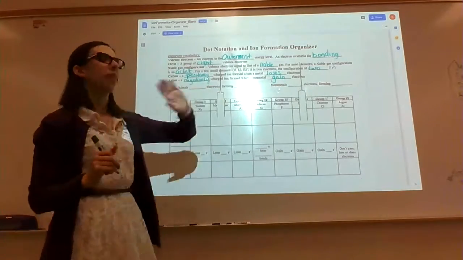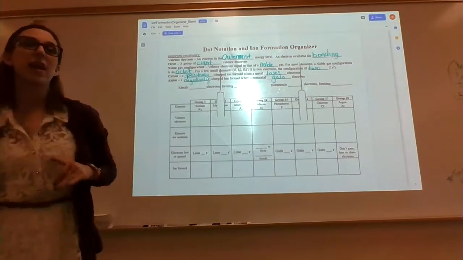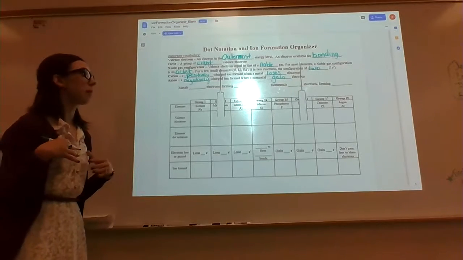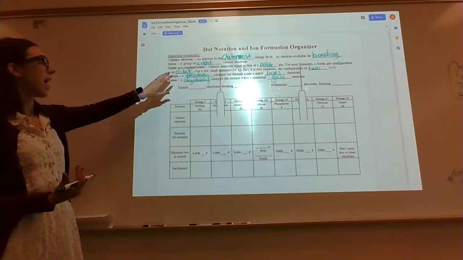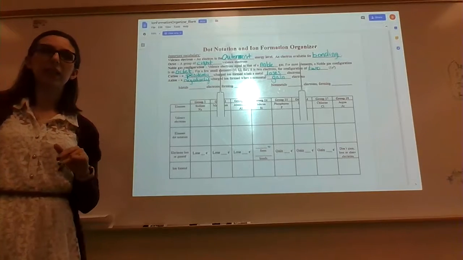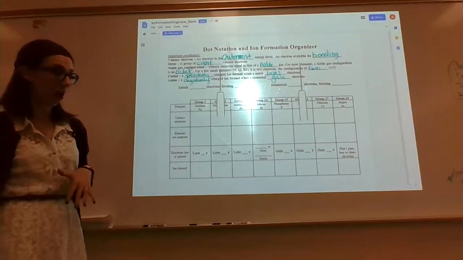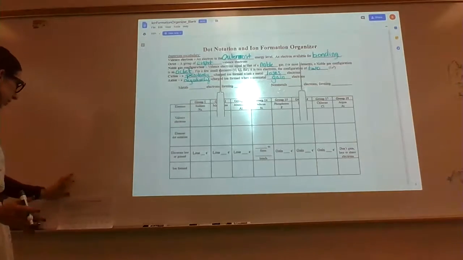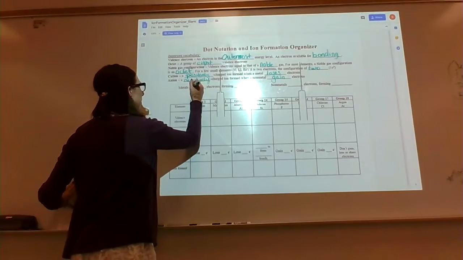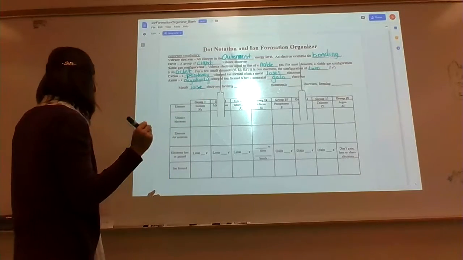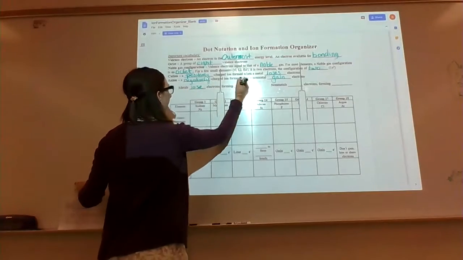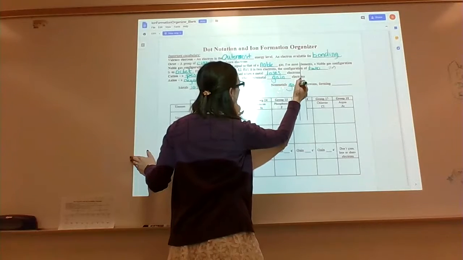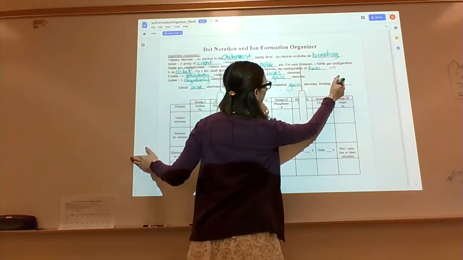So cation, that's going to be the left side of the table, is going to lose it and become positive because it's going to have fewer electrons and more protons. And an anion, those are like the halogens, all of the nonmetals, they're going to become negative when they gain those electrons. So metals lose electrons, forming cations, and nonmetals gain electrons, forming anions.